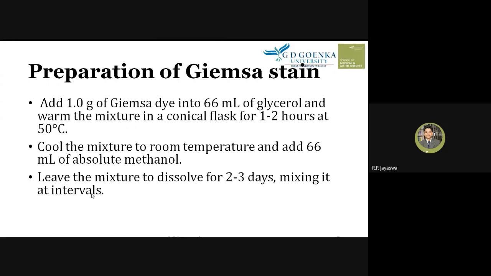Let's say after every 5 or 6 hours, you need to mix it properly so that the dye can dissolve properly with the glycerol and then methanol. The stain is then ready for use after filtering. So before using, you have to filter the stain. So here we have studied the instructions on how to prepare Giemsa stain.